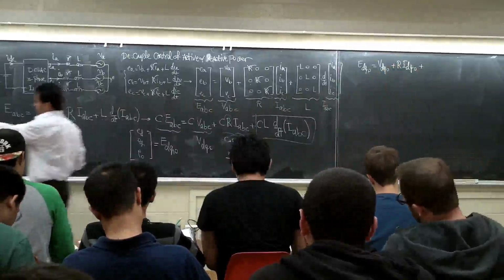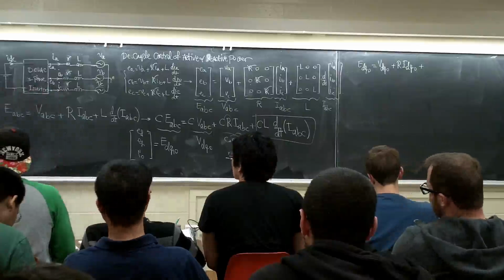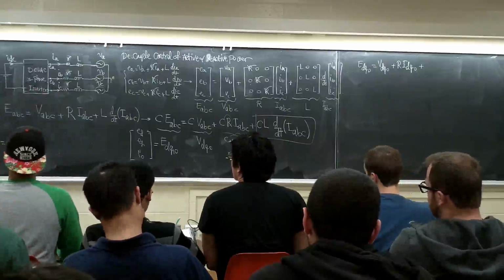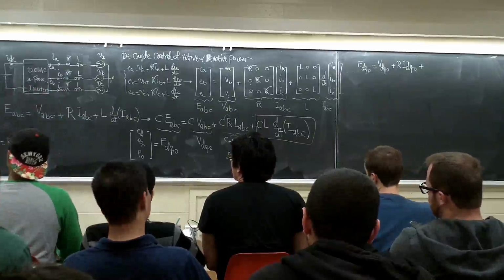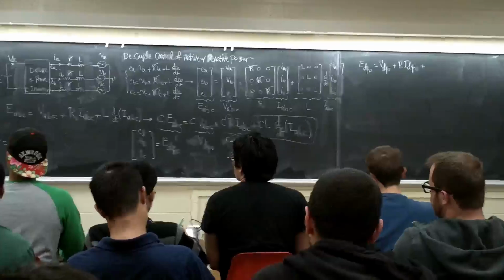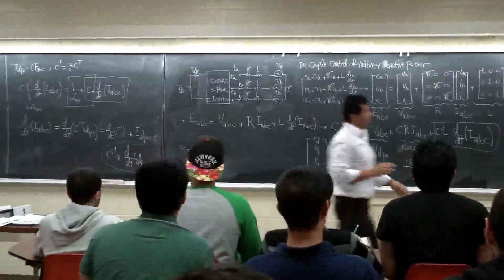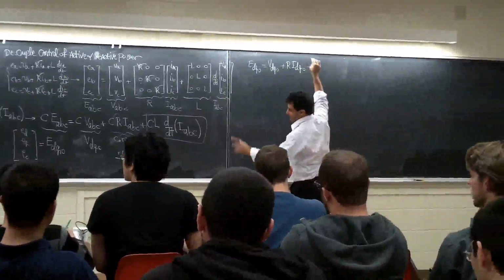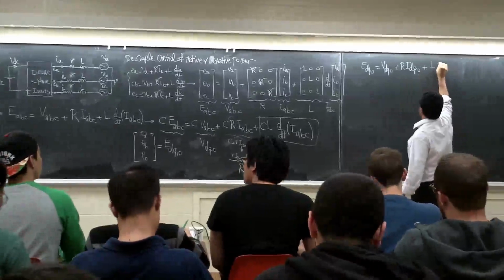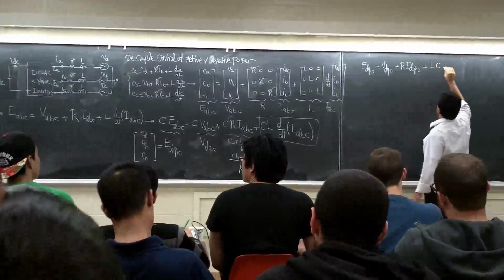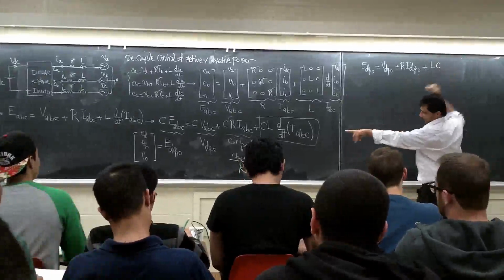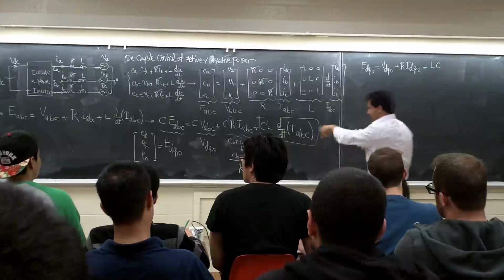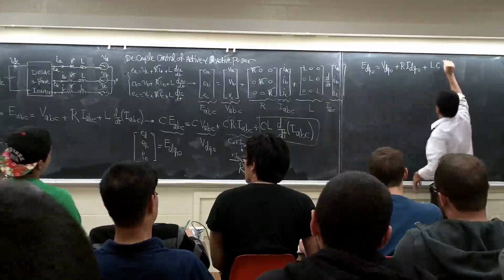We got here, right? It's going to be LC times this plus LC times this, right? So I'm going to write it here. Plus LC. See, these two we said we can change, right? And how much was the d over dt of LC times IABC?